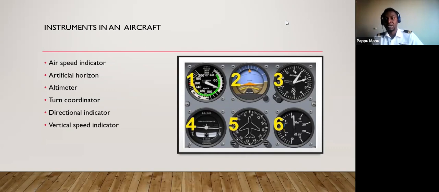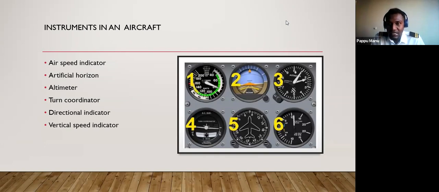All right, number two, that is your artificial horizon. As you can know from the name, artificial is not real, and horizon, the horizon of where the sun comes up, where it is the earth below and the sky above. That is your horizon. So you have an artificial horizon inside the aircraft so that you can see it at all times.